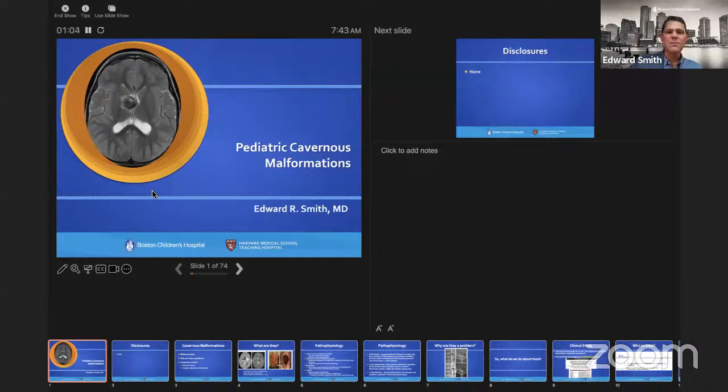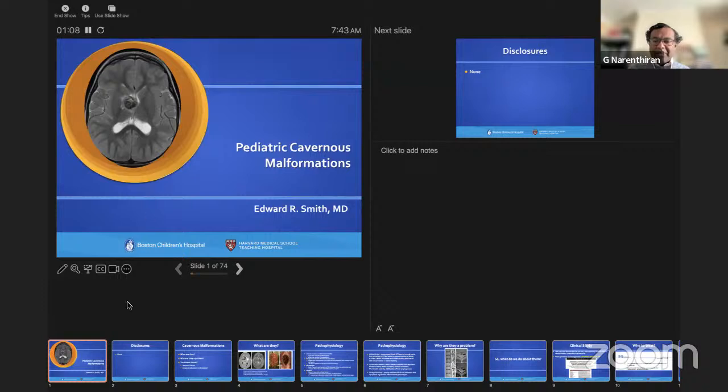Now, I always screw up whether I do sharing or not. So I'm going to try this one, and you tell me if you see my little leading screen or just one thing. Yes, I'm seeing your presentation mode, not your usual one big screen.